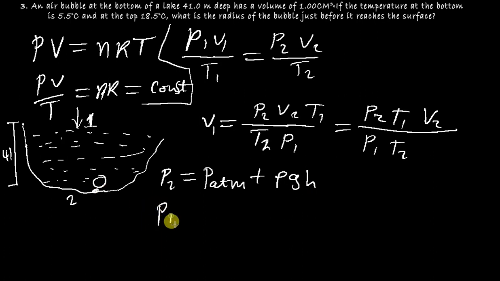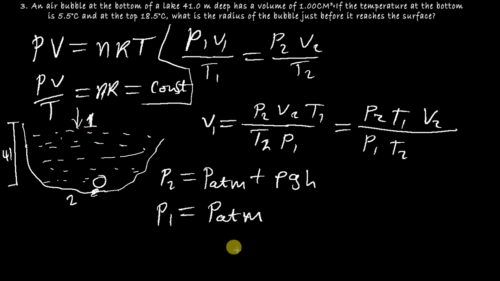And then the pressure at point 1 is just equivalent to the atmospheric pressure, which is P atm. At point 2 we have two pressures: the atmospheric pressure and the pressure due to the water.